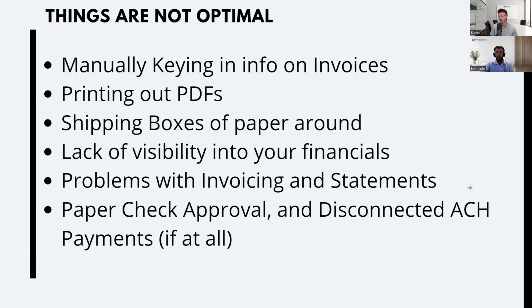And like we talked about, people know that what they're doing is not the optimal way to do things. This is a list that we can present ahead of time, but I'll dive into some specific examples as time goes on in this session. One of the main things people always come to me with is they have a person on staff who is just sitting there all day, every day, and their entire job is basically to key in invoice data that they're receiving from their vendors.